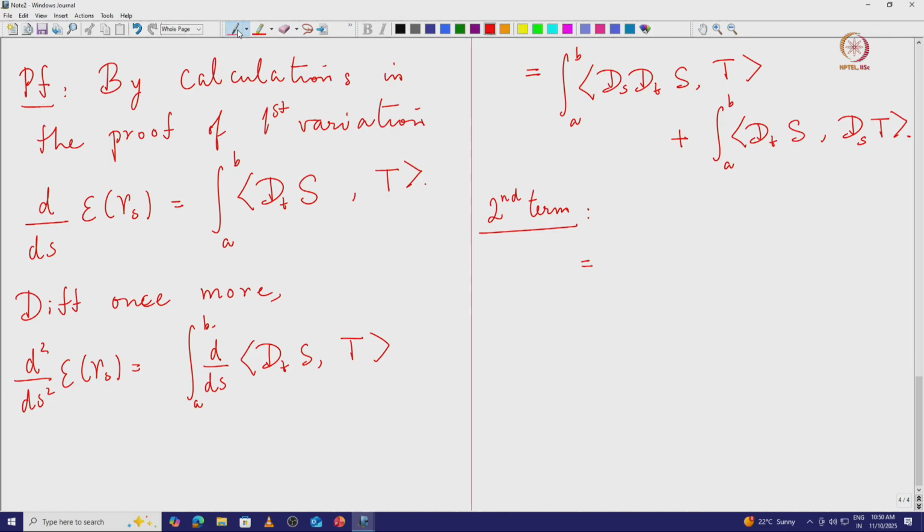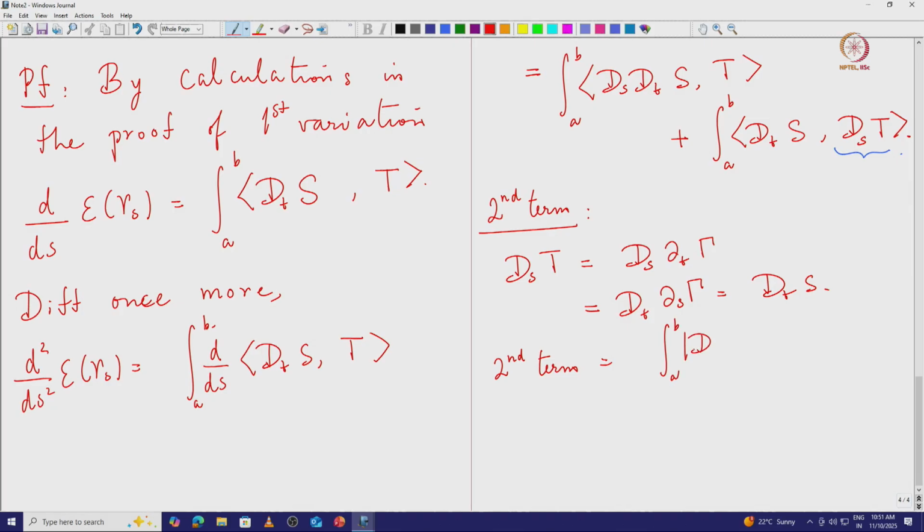If you look at this term, what is that? That is basically ∇_s ∂_t of gamma, but by the symmetry lemma that also proved useful in the proof of the first variation formula, this is the same as ∇_t ∂_s gamma, which is the same as ∇_t S. Okay. So the second term is precisely the integral a to b of norm ∇_t S squared. Okay.